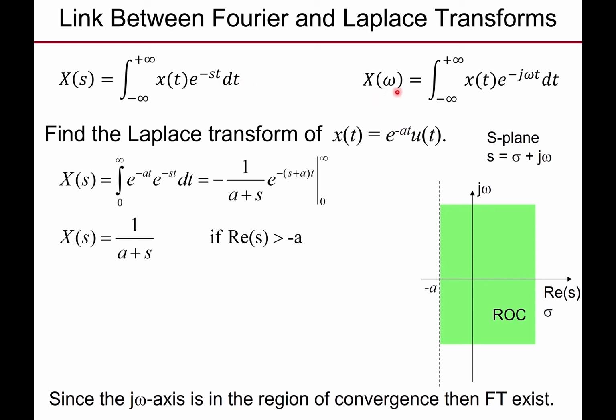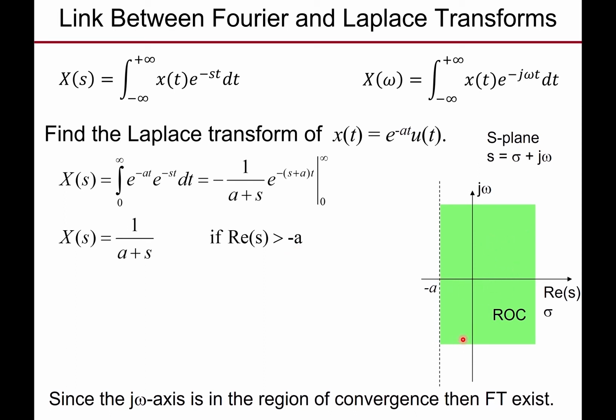And if I give you the same signal here, we did that in the Laplace transform chapter, you use this definition, and that's what we got. That was the Laplace transform, and the region of convergence is the real part of s larger than minus a.